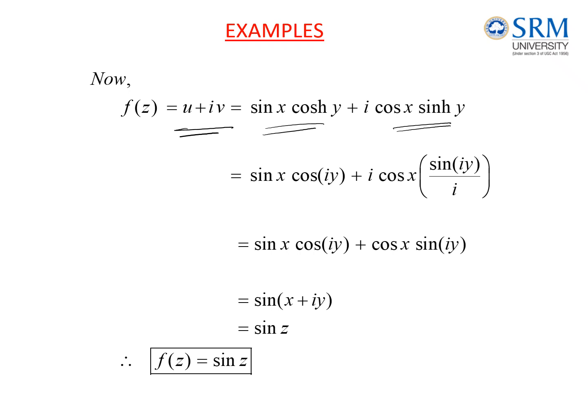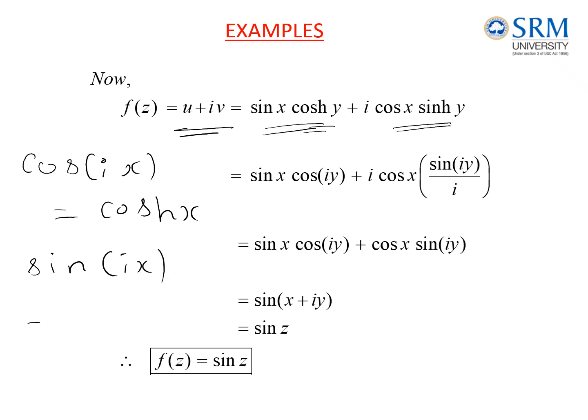So sin x cos hy is there. This hyperbolic function we need to rewrite as circular function. And then the sin hy we need to rewrite in terms of circular function. So already I gave this to you. Cos of ix can be rewritten as cos hx, and the sine of ix is equal to i times sin hx.